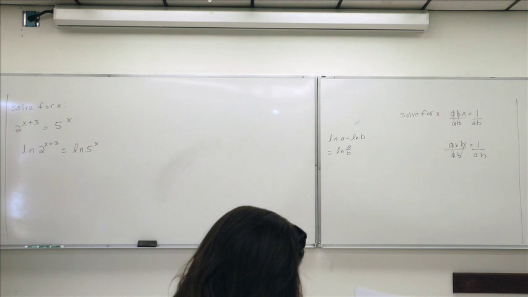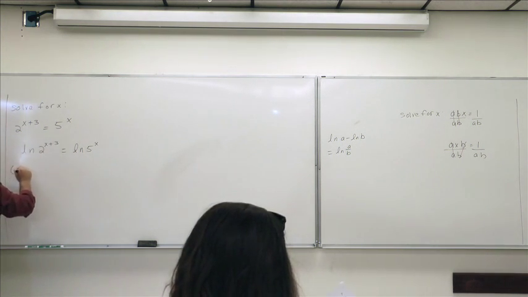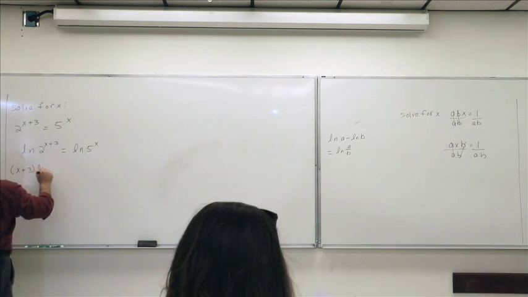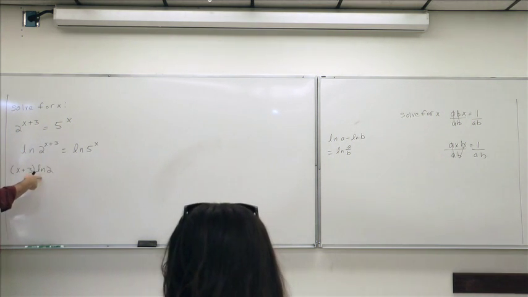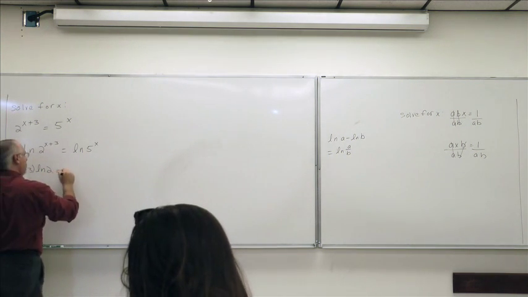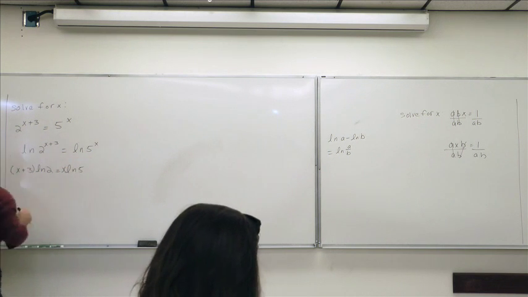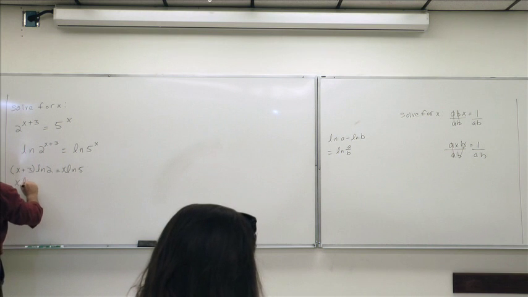Log, common log, doesn't matter. The exponents come down. Remember, the binomials have to be in parentheses. That's a very common mistake, is to bring this down and not have it in parentheses. Oops. X natural log of 5. Then we distribute. That's the same. That hasn't changed.